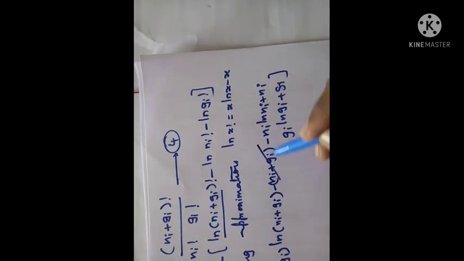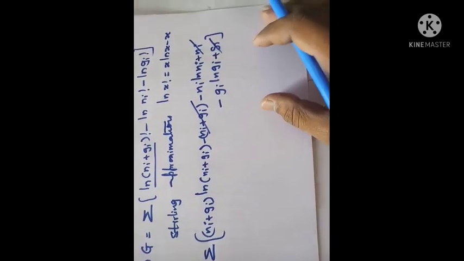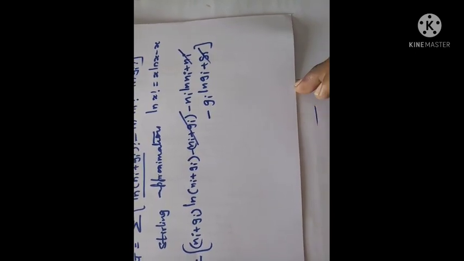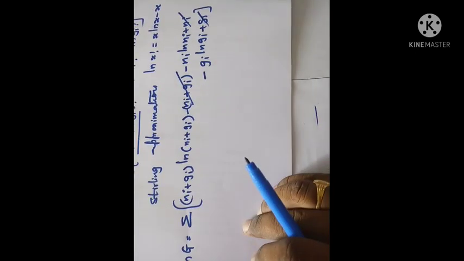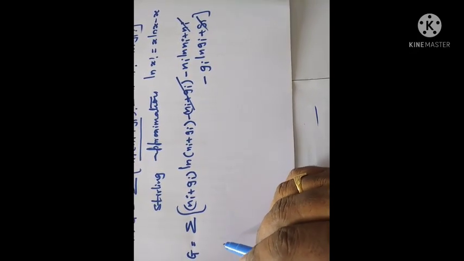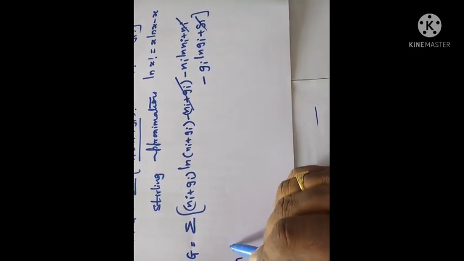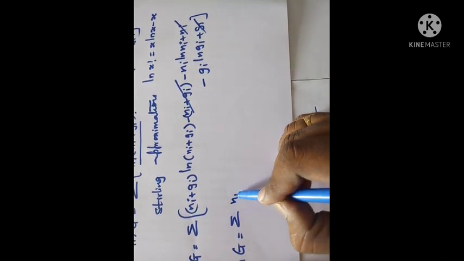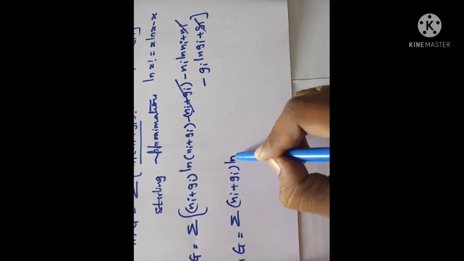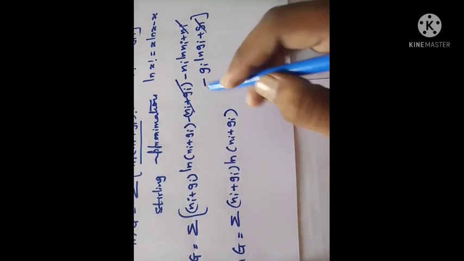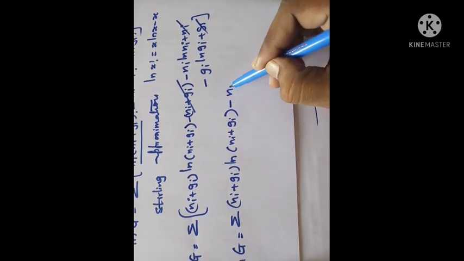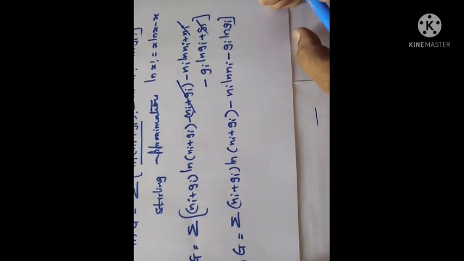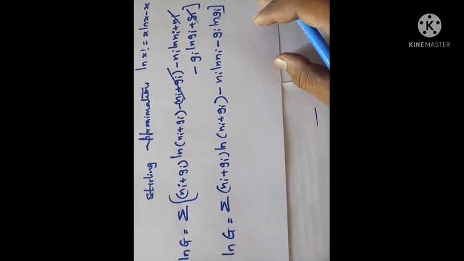We know that these terms cancel, and finally we'll get ln G equal to the summation of (ni + gi) ln (ni + gi) minus ni ln ni minus gi ln gi. Okay, so we have this function.